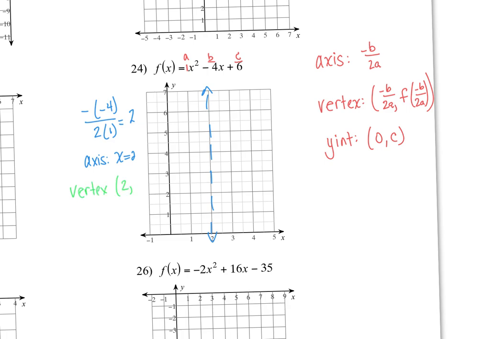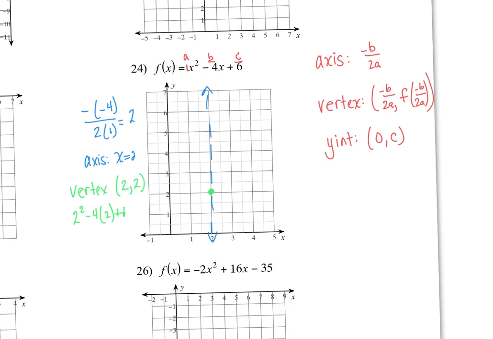That's just 2. Now I plug a 2 in. Anytime you have x to solve for y, plug it in. So into my function, I have 2 squared minus 4 times 2 plus 6. 4 minus 8, negative 4 plus 6 is going to give me 2. So my vertex is going to happen at 2, 2, right here.